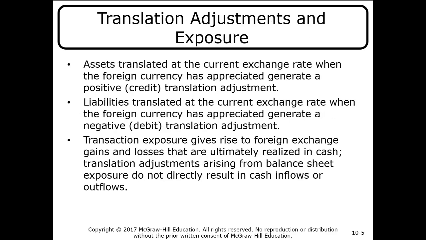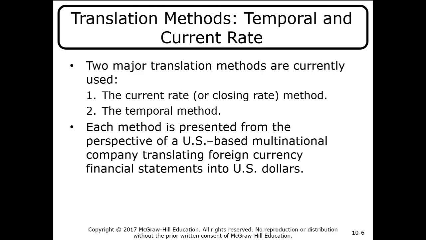Depending upon which method we use, the exchange rates are going to generate translation adjustments in order to get the balance sheet to balance. So the two major methods are the current rate or the temporal method.